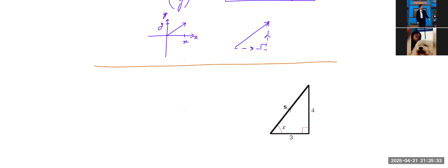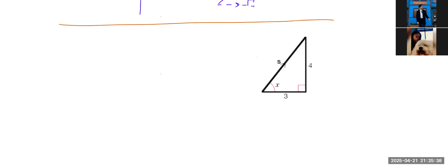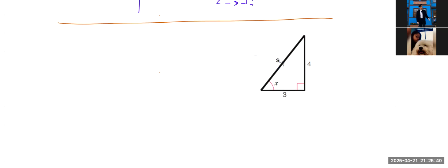Excuse me, I have the hiccups suddenly. So you want to find out the magnitude of this vector, and you want to find out this angle. As you can see, this is a very basic question if you know trigonometry, right? Even if you know baby trigonometry, this is an easy question because this is a right angle triangle. SOHCAHTOA is all you need, and Pythagoras, of course.